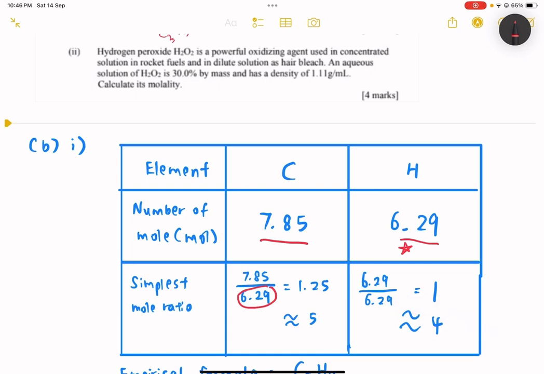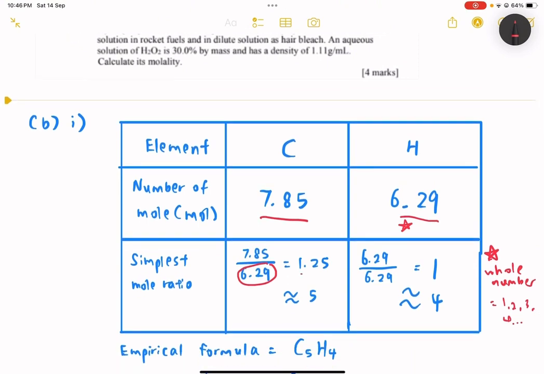But we haven't finished. We cannot take 1.25 as the simplest mole ratio. We have to make it into whole numbers, meaning 1, 2, 3, 4, and so on.